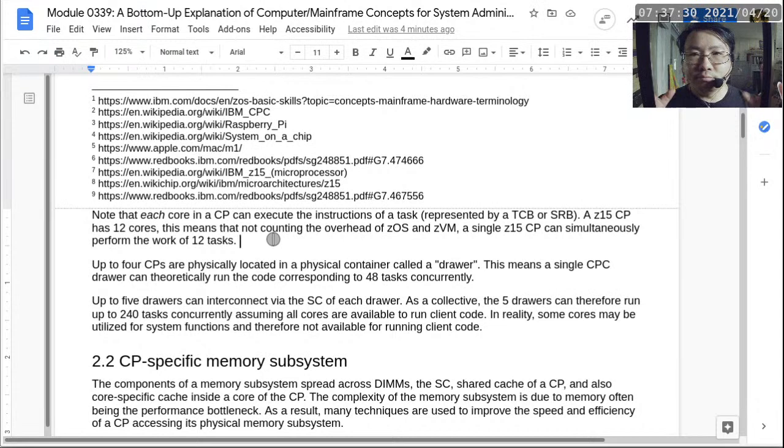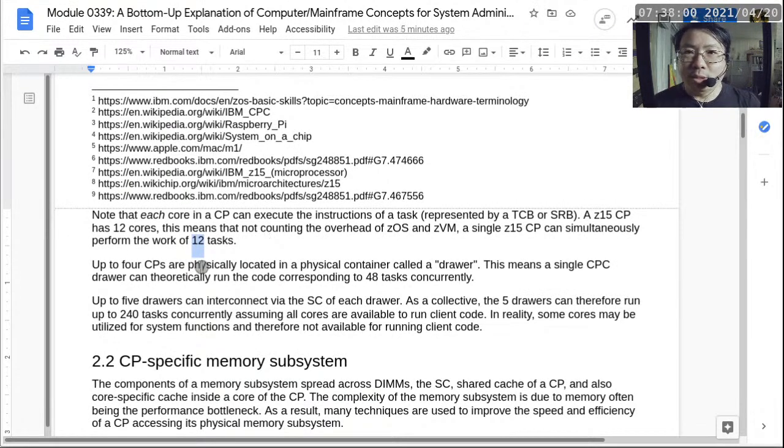So long story short, getting back to here, I'm only using 12 here as a conservative number, but if you combine the technology that I just talked about, you can call this like 14, 15 tasks or something like that. Bottom line, a single CP can perform the work of 12 or more tasks at the same time.